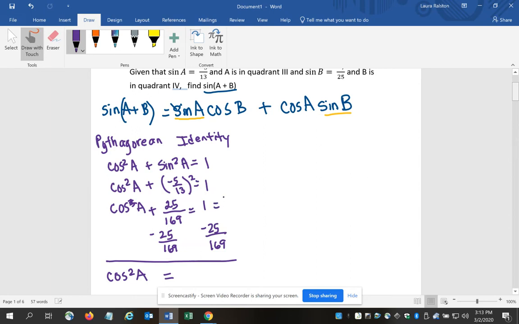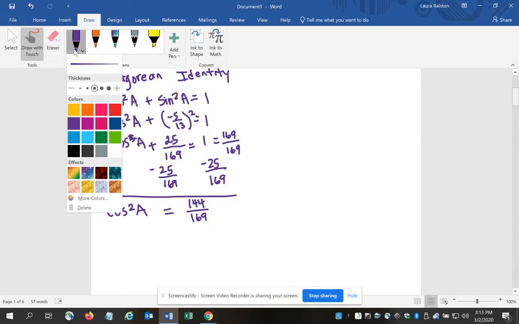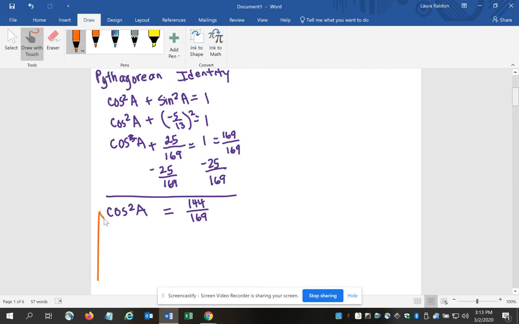Well, 1 whole would be 169 over 169, so 169 minus 25 would be 144 over 169. But that's cosine squared, and I'm not looking for the square. I'm looking for plain old cosine. So to find it, we take the square root of both sides of the equation.